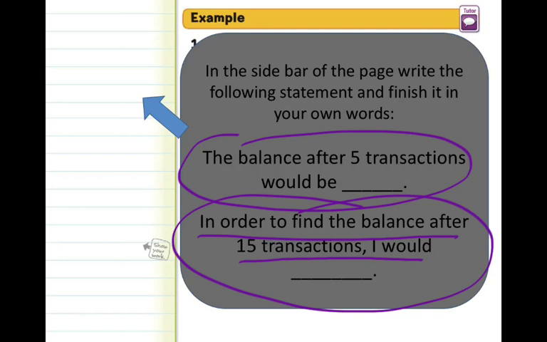So the first one I actually want a number. The second one, I want you to describe to me how would you figure out 15 transactions without making a table. I do not want you making a table. So avoiding the table, okay, because what if I wanted 100 transactions? That's going to take you forever. Come up with a different way. Pause it here and make that happen.